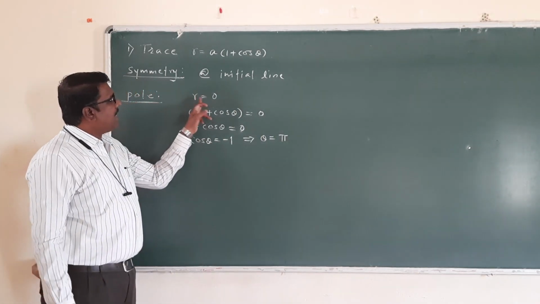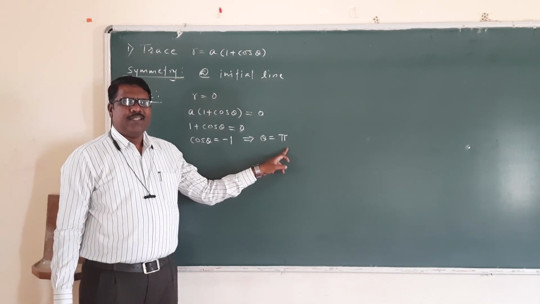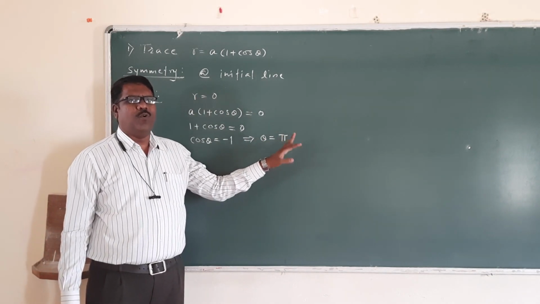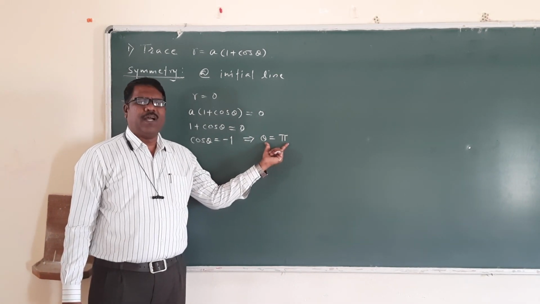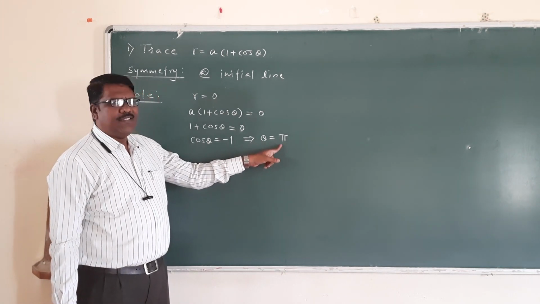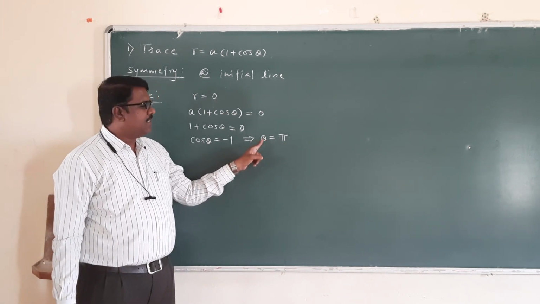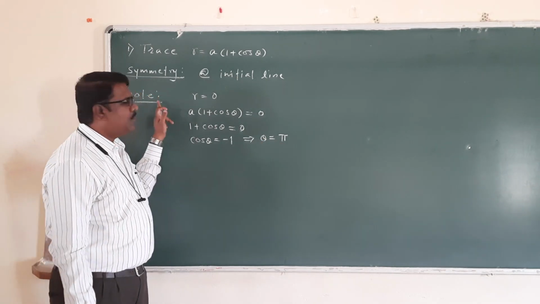So by putting r = 0, we got the value of θ as π. It means the curve passes through the pole, and at the pole θ = π is the tangent. This is the equation of a line, and this is the equation of the tangent. So θ = π is the tangent at the pole.